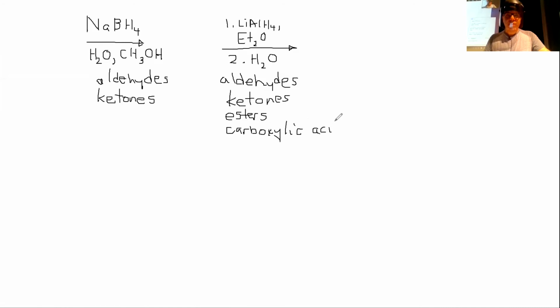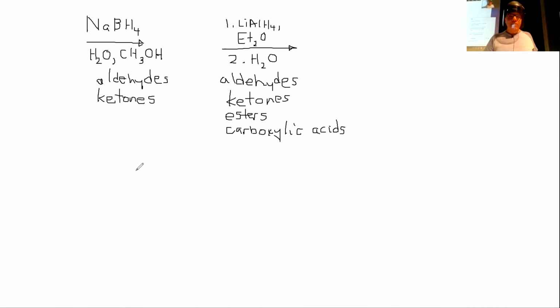So that's an important distinction to make. So you can see in the real world the difference in reactivity of those two reagents. So if you were to add sodium borohydride to an ester or carboxylic acid, no reaction. It would just look at each other. If you wanted to do the reduction, then you need to use LAH.